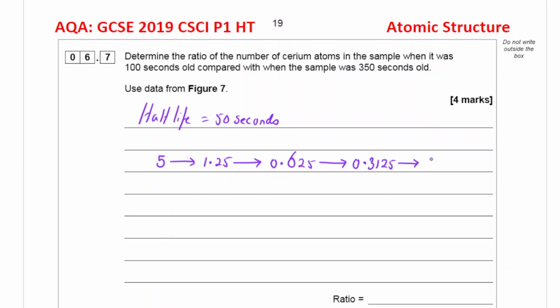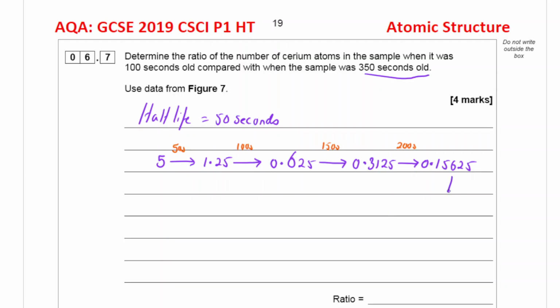Divide that by 2 again, 0.15625. Every single time it's 50 seconds, so that will be 100 seconds, 150 seconds, 200 seconds. I need to go down 2 more, up to 350 seconds.